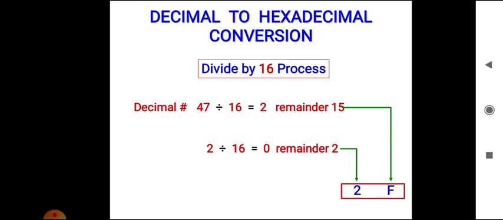Okay, so here we are going to do the decimal to hexadecimal conversion. So we have to divide this decimal number by 16. Dividing by 16 we get remainder 15, and the value of 15 will be F. Then 2 divided by 16 gives 0, remainder 2, so that 2 you have to write.